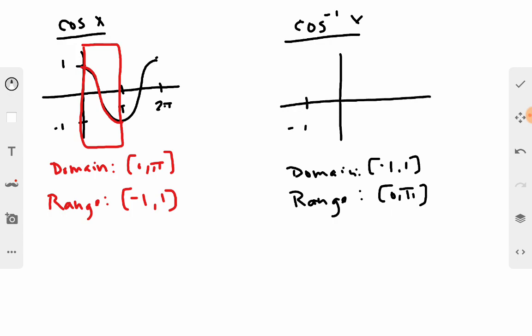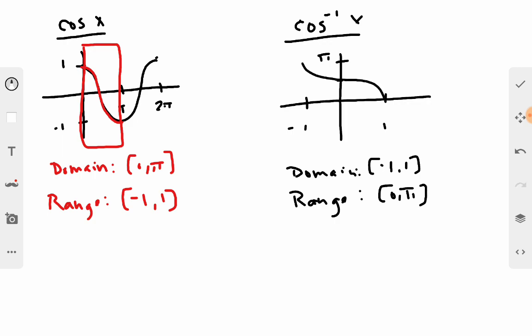Okay, so we're going to go from negative 1 to positive 1, and this time our range is going to go from 0 to pi. Okay, so when we invert this, it's going to basically cross at pi over 2 here, and it's going to look off a little bit.